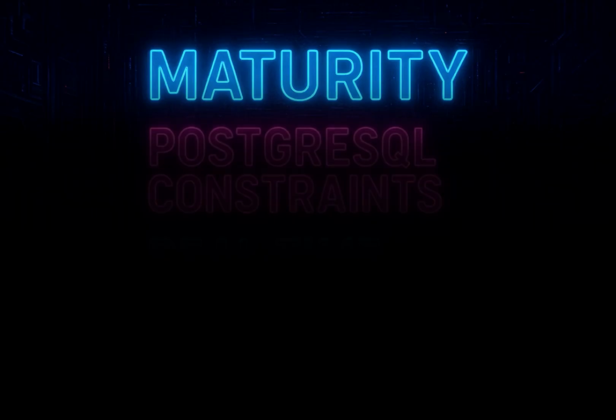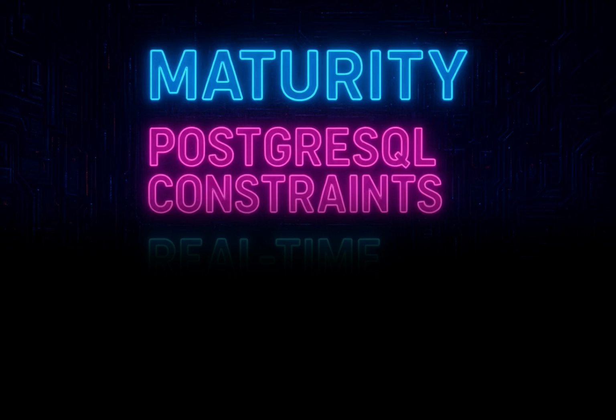Now, while Supabase is an incredible platform, it's important to be aware of its limitations. 1. It's still relatively new compared to giants like Firebase and AWS, so some advanced features might be less polished. You might encounter occasional bugs or documentation gaps. 2. Since it's built on PostgreSQL, it inherits the strength and constraints of a relational database.